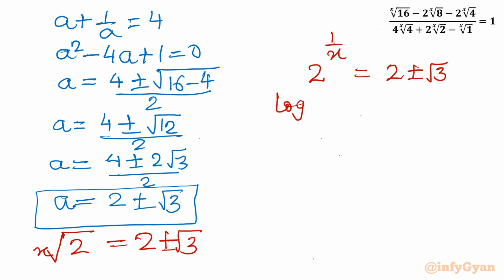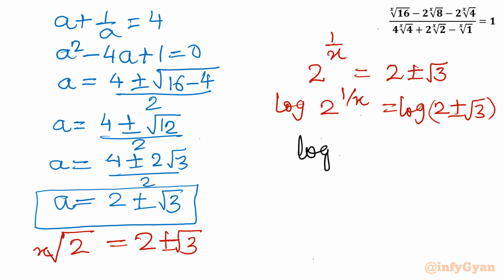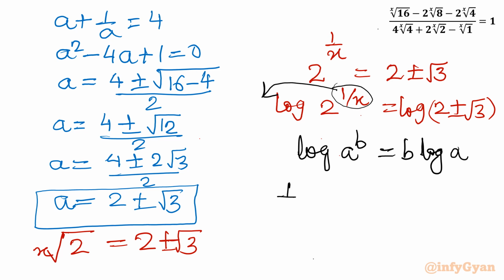So I will write log 2 power 1 over x equals log of 2 plus minus root 3. Now using the log property, let me write that property first: log a power b, so this b will come as a multiplier, b log a. So I will take this 1 over x as a multiplier. So it will become 1 over x log 2 equals log of 2 plus minus root 3.